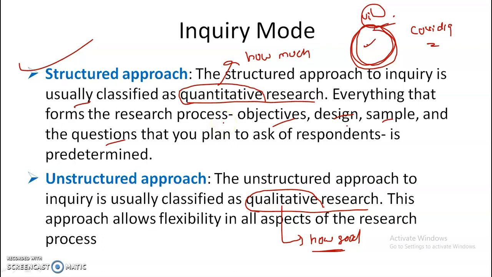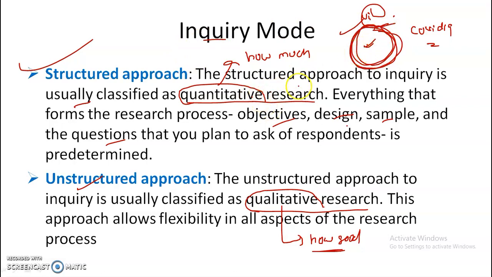And coming to the unstructured approach, the inquiry is usually classified as qualitative research, as I told already. This approach allows flexibility in all aspects of the research process, and it is more appropriate to explore the nature of a problem, issue or phenomenon without quantifying it. In the same example I told, quantitative means in one particular area how many people are affected with the virus.